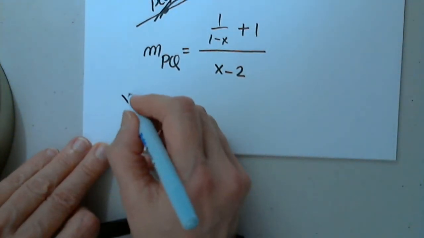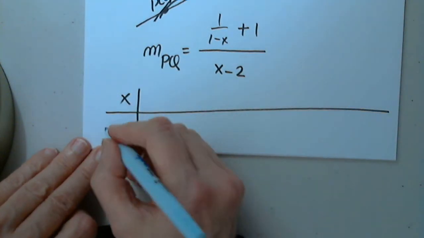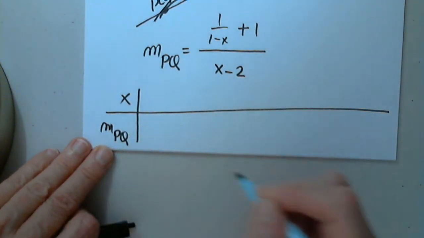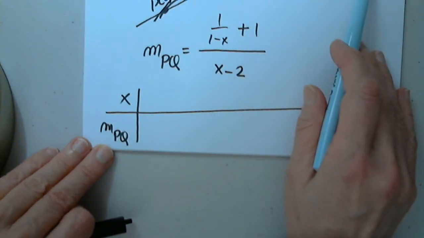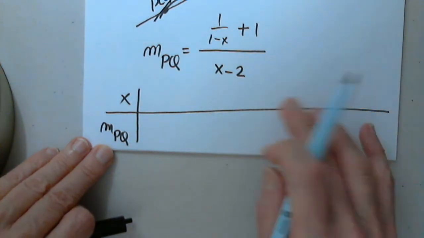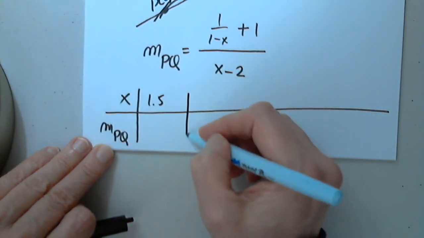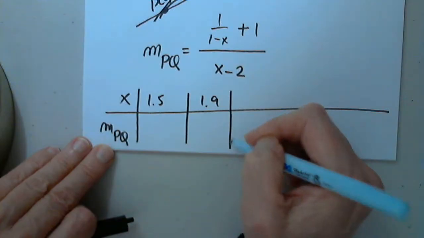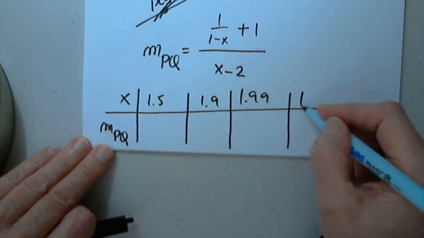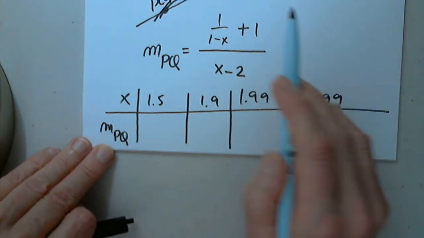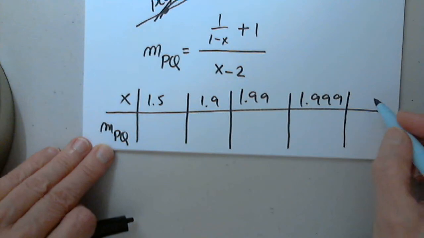So I'm going to create this table, and the slope PQ, I'm going to put these numbers in the correct order. I may need more room, so I'm going to go on the next page. So 1.5 is the smallest, 1.9, 1.99, 1.999. The next number should be 2. It's not here. I will put it in.